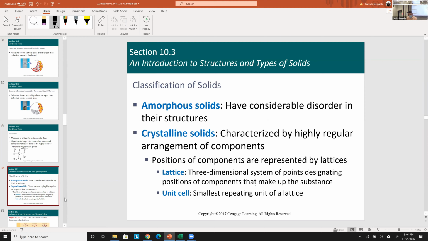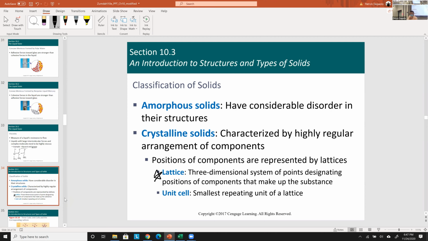Anyway, so solids. There's two types of solids. There's amorphous and crystalline. So amorphous is just a bunch of stuff, a glob, the plum pudding model, if you remember that. There's no organizational structure to the atoms. A crystalline solid, on the other hand, has a highly regulated arrangement, and this forms a lattice.